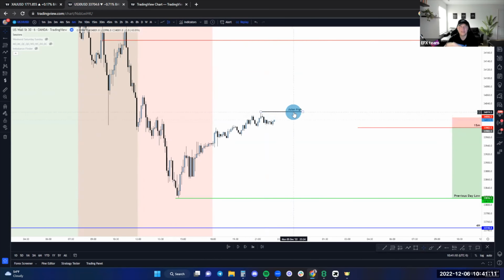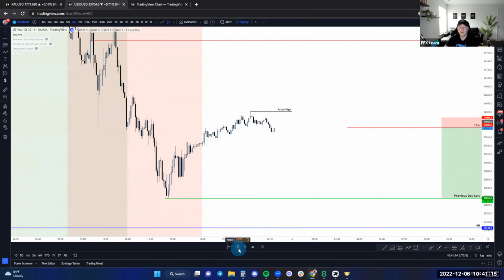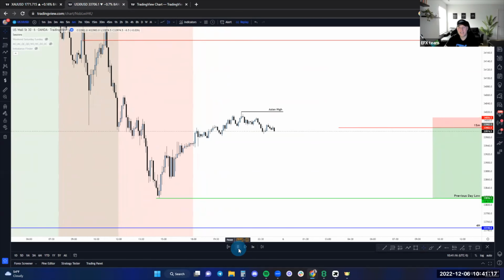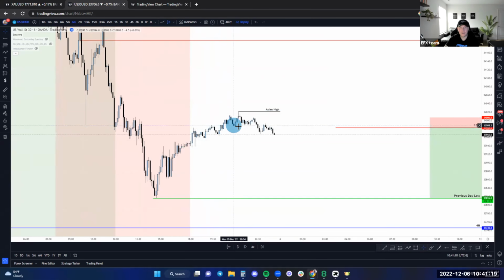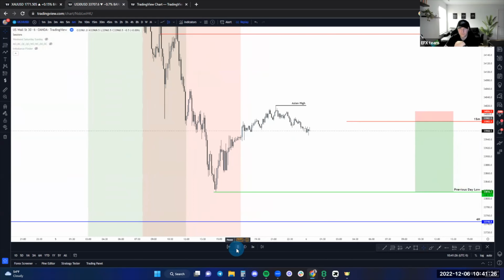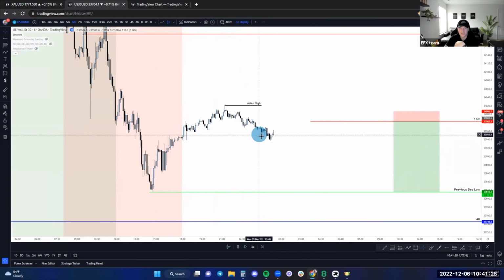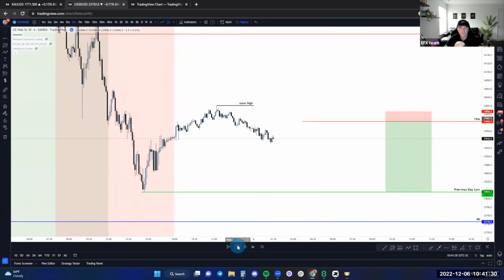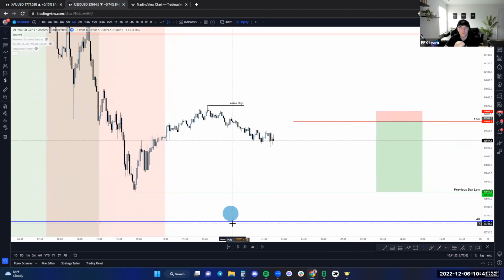You can see it, we're coming into my markup. Moving sideways. Here is the Asian range, very classic Asian range price action. Not really doing much, almost back to where it opened.